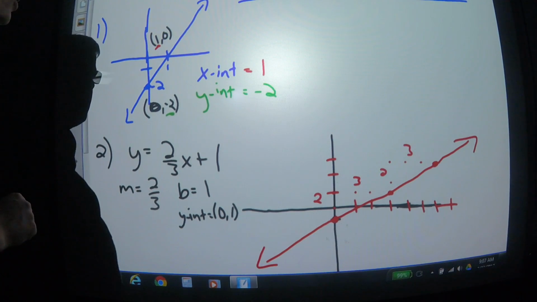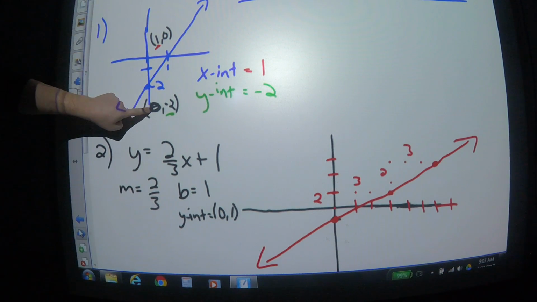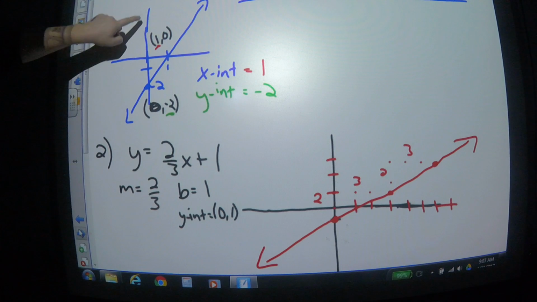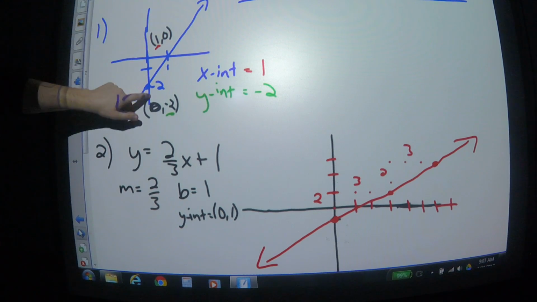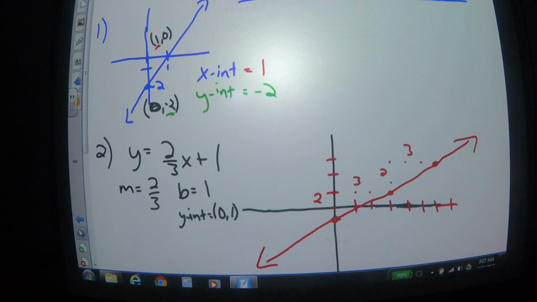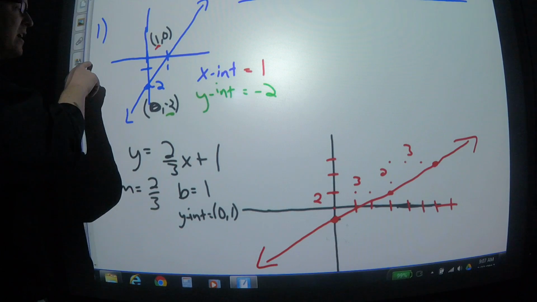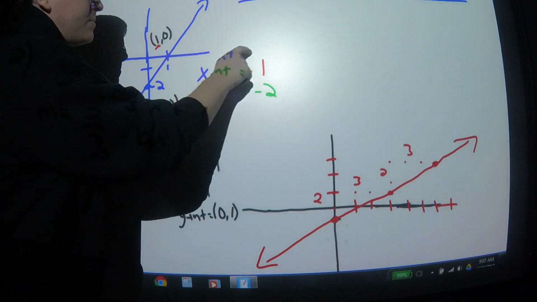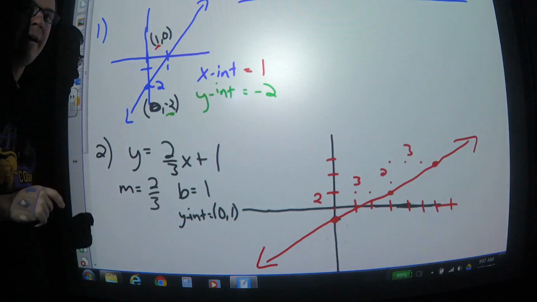Okay? So the y-intercept will only ever be on this vertical line. It will be somewhere on this line because x is always 0. Same way with the x-intercept. The x-intercept, y is always 0, which means that the point is always on the x line.